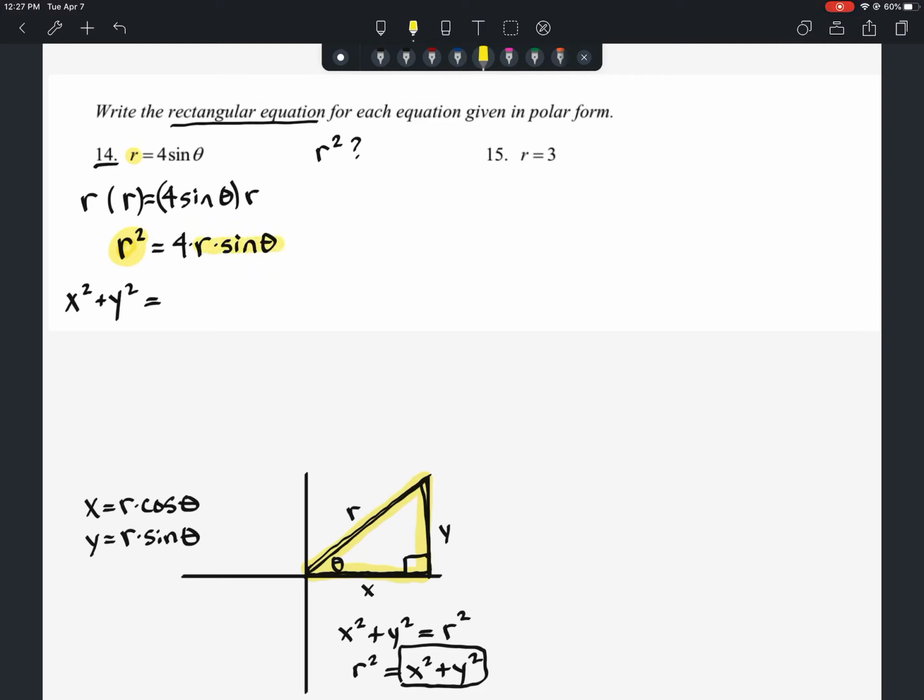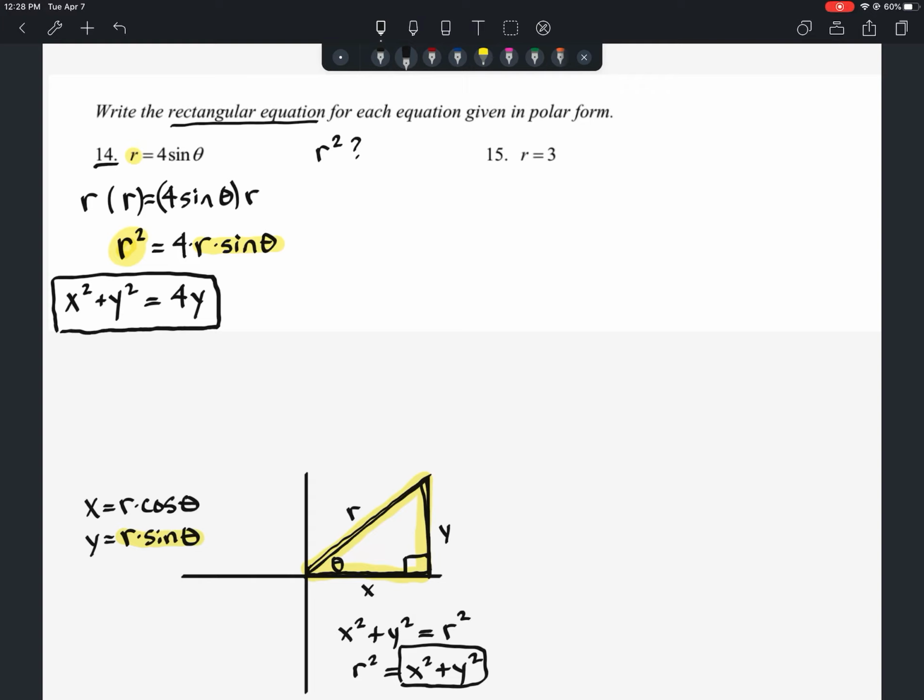Well, r times the sine of theta is the same thing as our y value, so we can turn this into 4 times y. Now everything is in x's and y's, and it doesn't say to isolate y or x, so we'll leave it in that form: x squared plus y squared is equal to 4y.